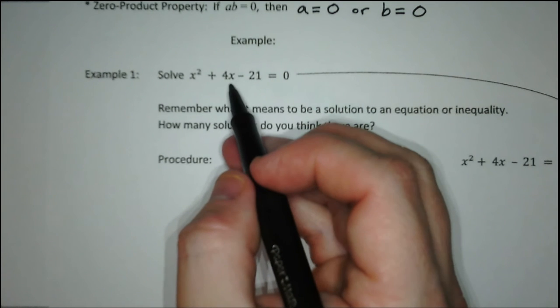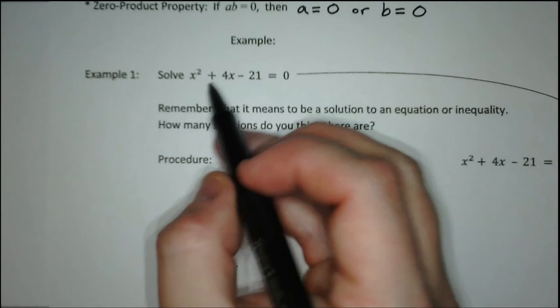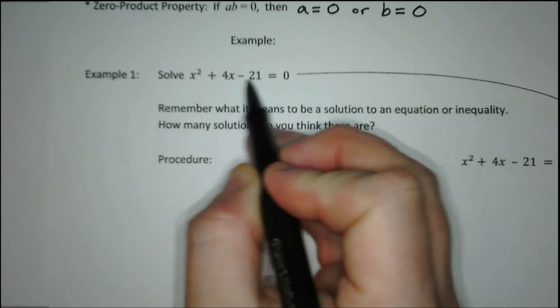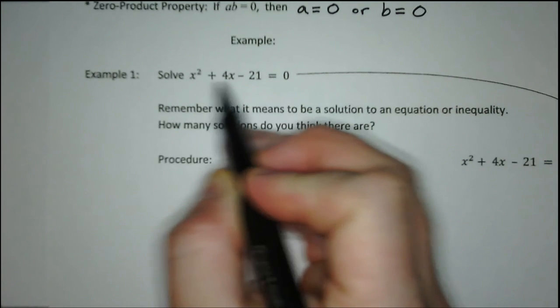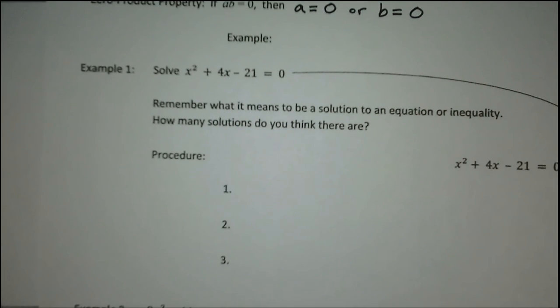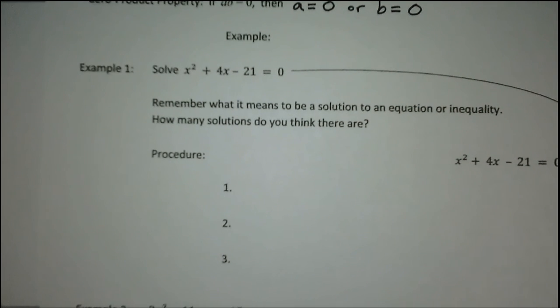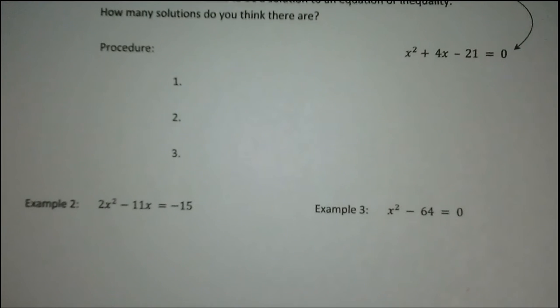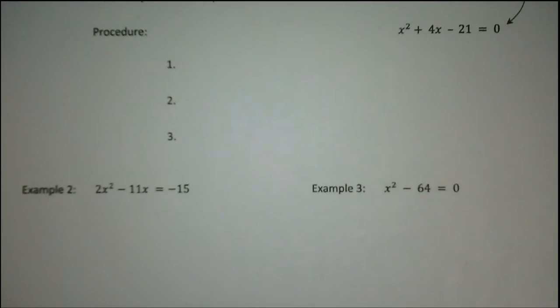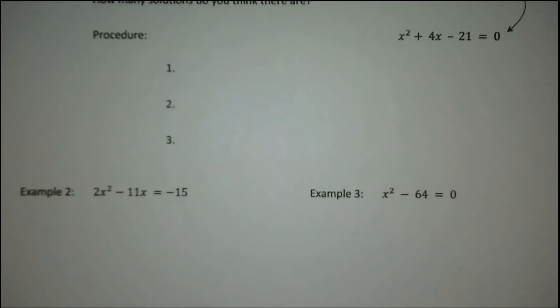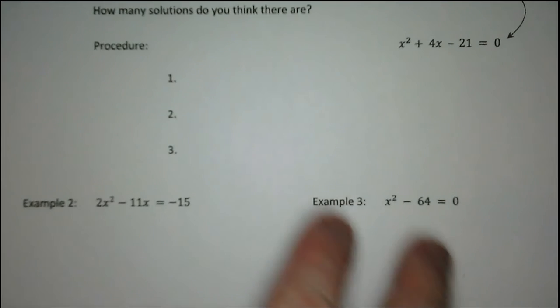You'd be stumped by that. Get x by itself? No, that's a dead end. So when you find yourself in that situation with a quadratic equation, you can't just get x by itself. Here's what we do.